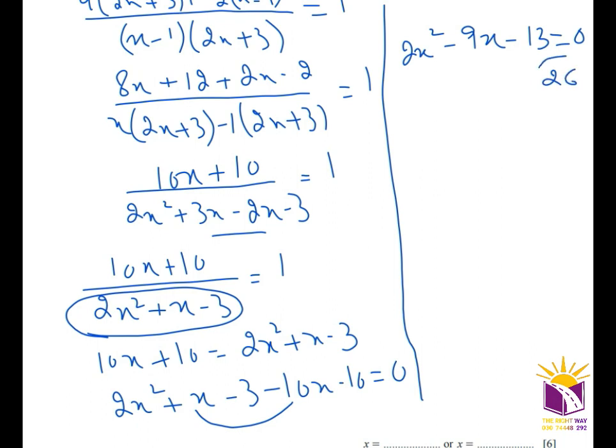Now we want to get the answer 26 by multiplication, and by addition or subtraction we want 9. So in my point of view, we are not getting any numbers which could be the solution of this one, because there are not any factors which could give you the answer 26.